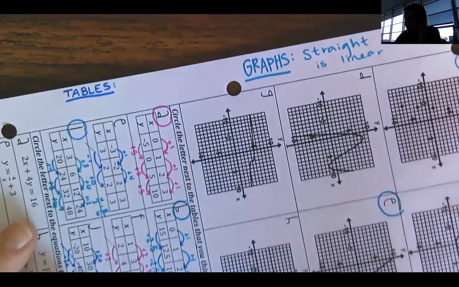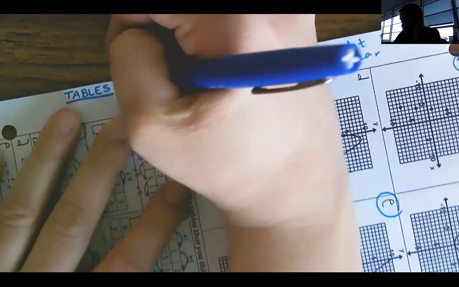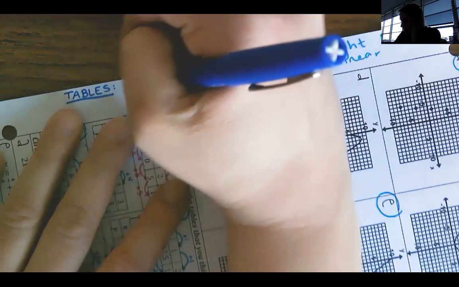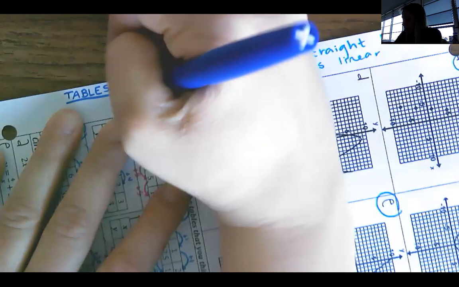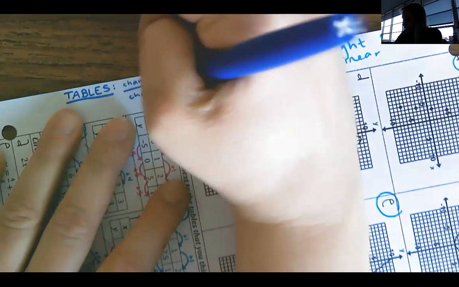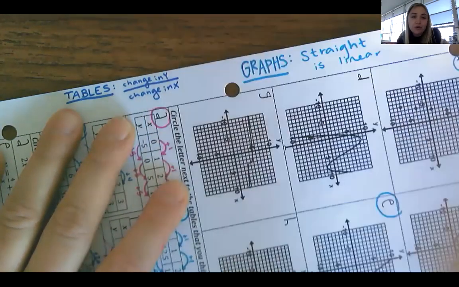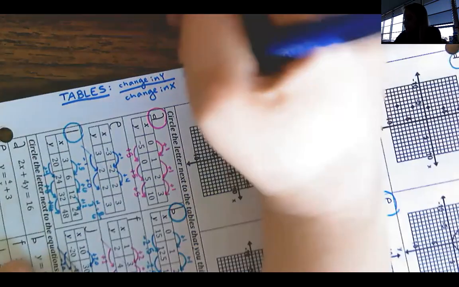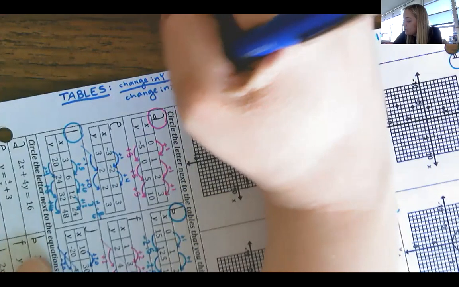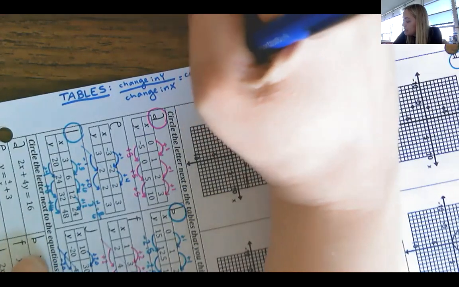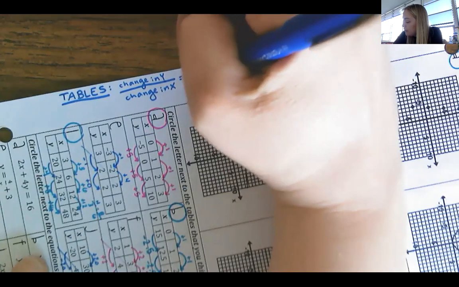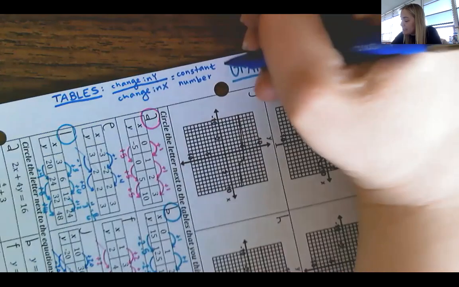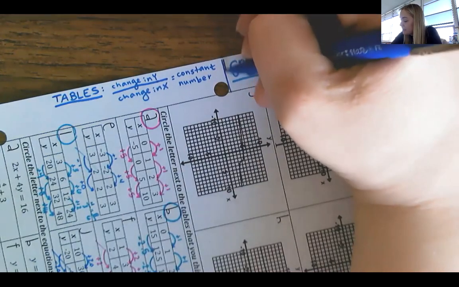We are going to say change in y divided by change in x. And for those of you who remember the shorthand way to write that, it's triangle y over triangle x. So change in y over change in x equals a constant number. If you get the same number for your change in y divided by your change in x, then it is going to be linear.